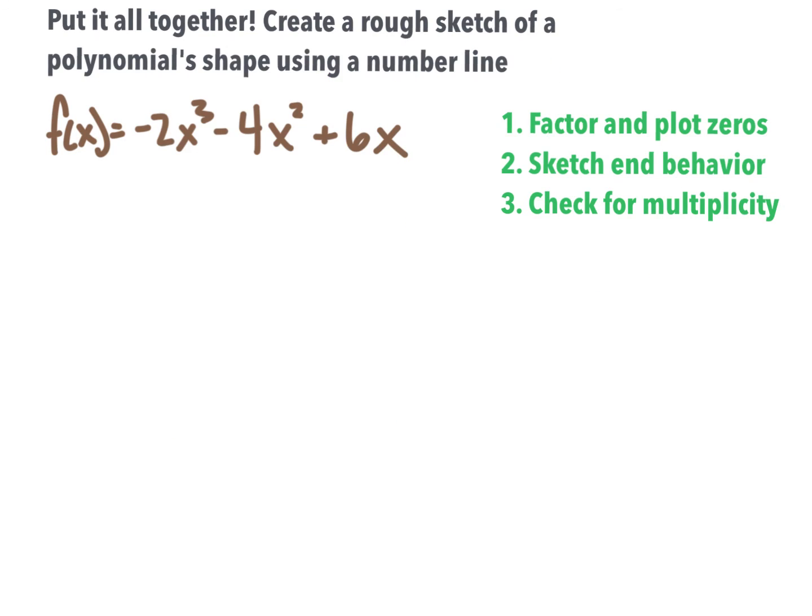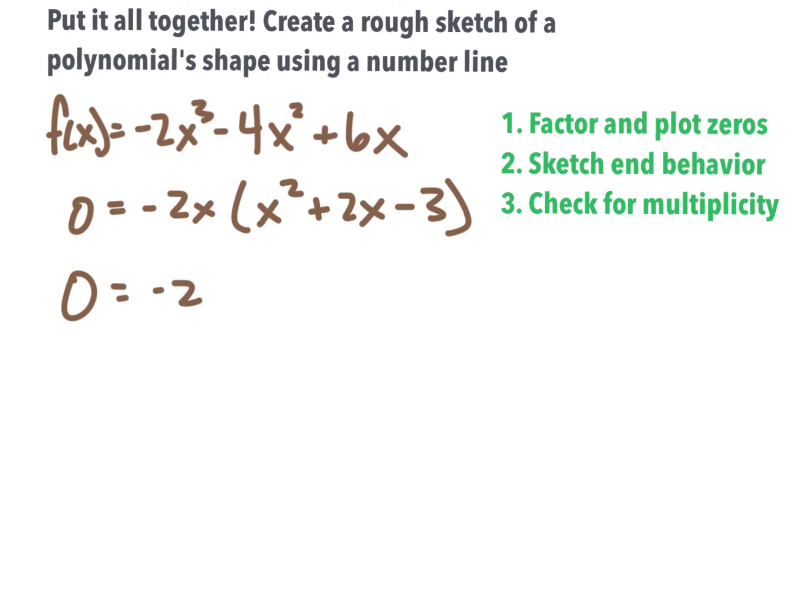All right, so now let's try to put it all together. We're going to create a rough sketch of the shape using a number line. All right? So the first thing that we want to do is factor and plot the zeros. So set it equal to 0. These all have a negative 2x in common. So we have x squared plus 2x minus 3.